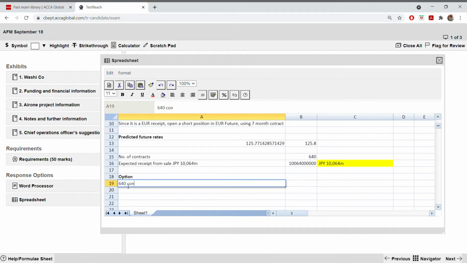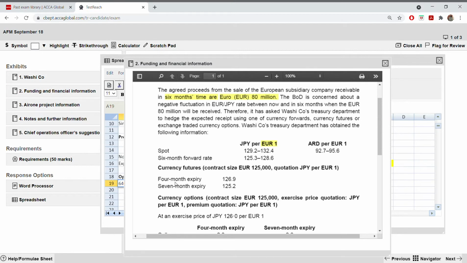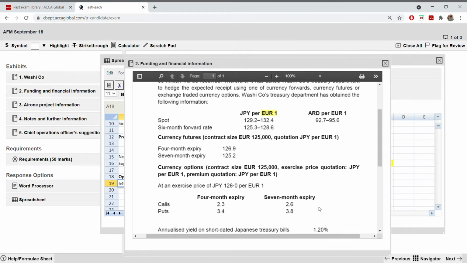Just go to this and see. Here also we have 4 month and 7 month. It is definitely 7 month. Call or put, you have to decide. It's a foreign currency receipt, right? Is it a call or a put option?